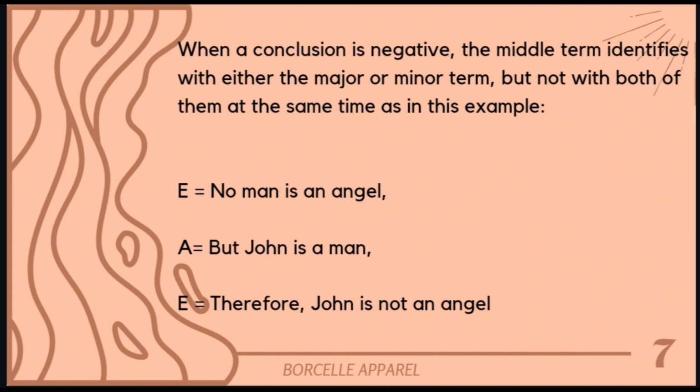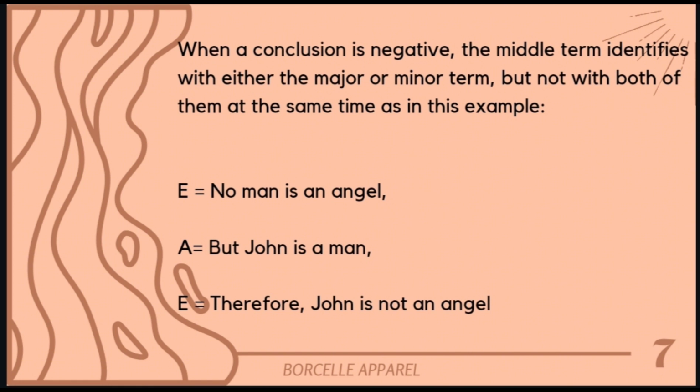So, the A, but John is a man, is the minor premise. It specifies that John falls within the category of man, aligning with the middle term established in the major premise.